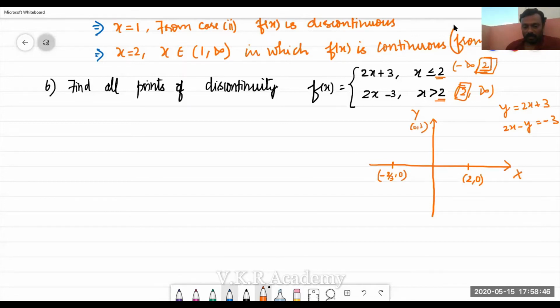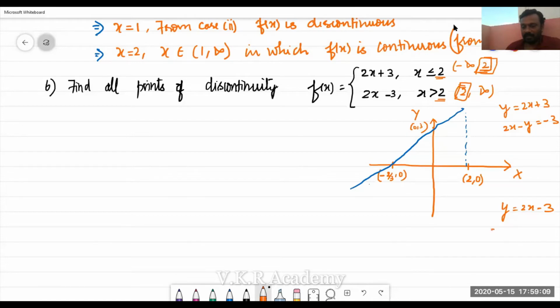So at the points less than 2, this will be the graph. This is up to 2. When it is greater than 2, we have y is equal to 2x minus 3.